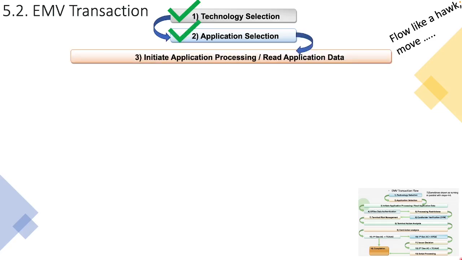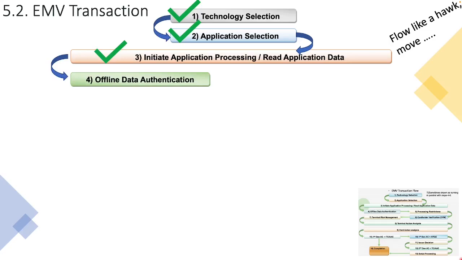Which takes us into step 3, at which point we know that we've got the virtual credit card application in the card, which has been chosen for the transaction. So therefore, it and the terminal are now going to have a conversation, and they are going to exchange some information. The terminal verifies that the card is authentic in step 4 of the transaction.